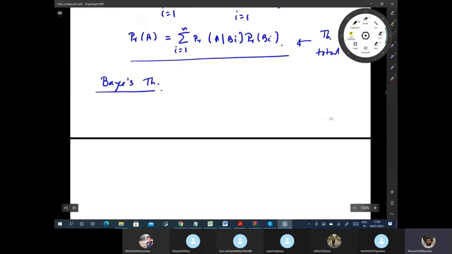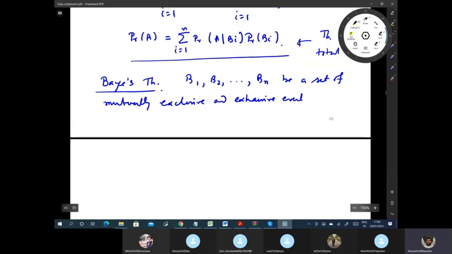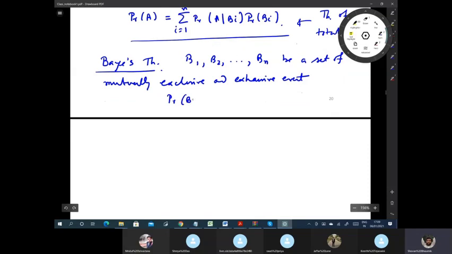So if B1, B2 dot dot Bn be a set of mutually exclusive and exhaustive events, then probability of Bi given A will be equal to probability of A given Bi into probability of Bi, divided by the summation i equals 1 to n of probability of A given Bi into probability of Bi. Is it correct? So everybody agrees?